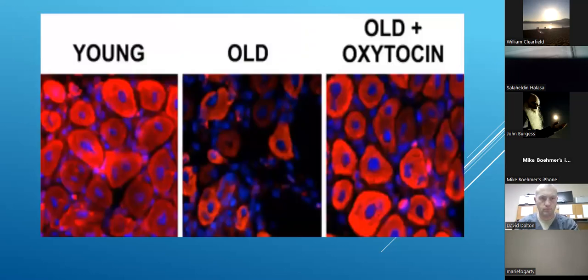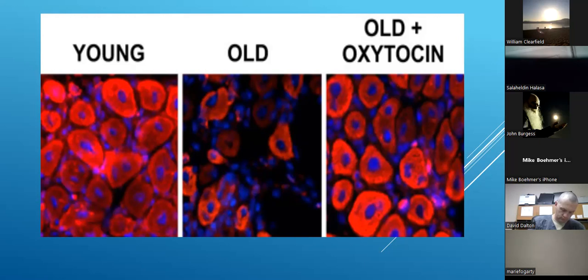And they did some experiments to show that. They took old mice and young mice, and they took the cross section of their muscles, and then they took the old mice and fed them with oxytocin, and took the cross sections of their muscles.